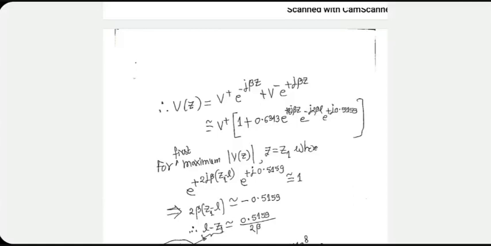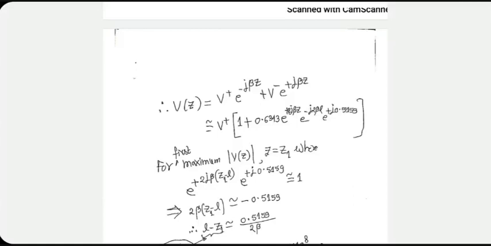So the maximum would occur when this entire term, e to the power j whatever, goes to 1. Maximum would occur then. I'll double check this equation.